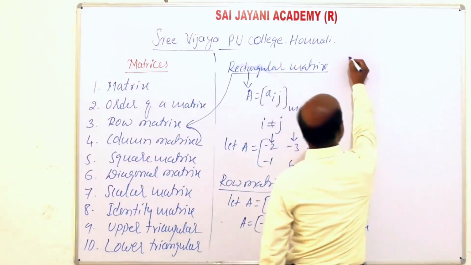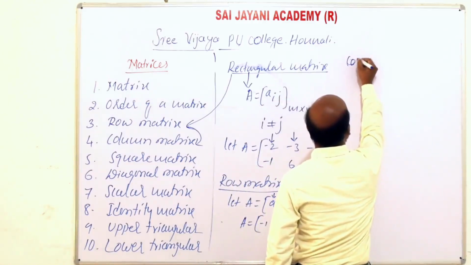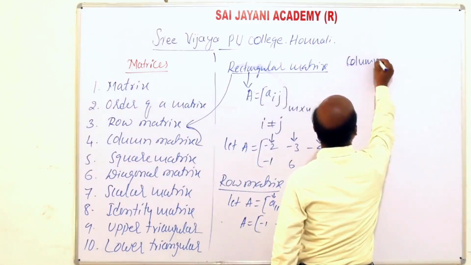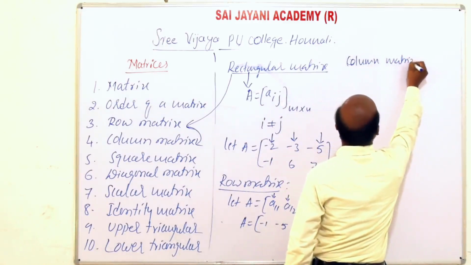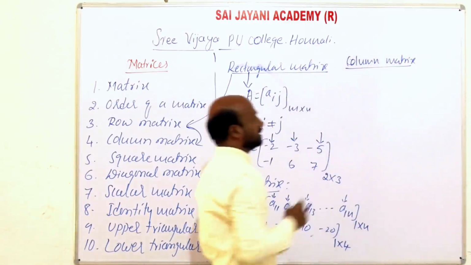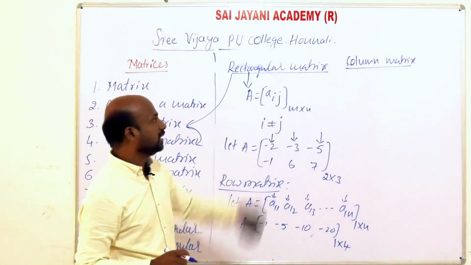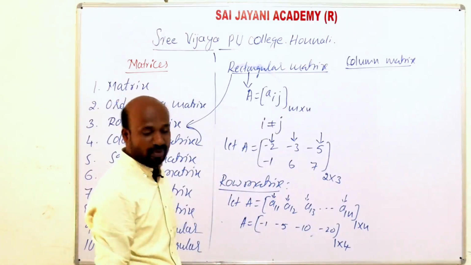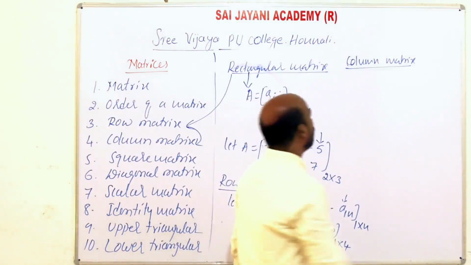So after that, column matrix. A matrix is said to be a column matrix if it has only one column. Obviously it has m number of rows.